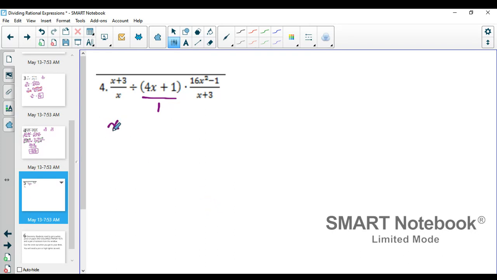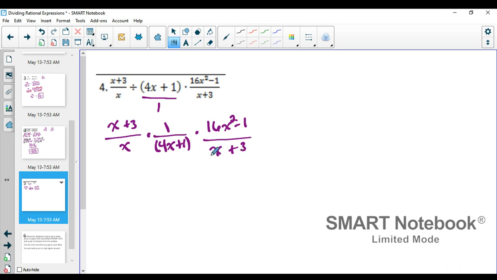So we have x plus 3 over x, change the division to multiplication, and then flip this over. So then we have 1 over 4x plus 1, and then just bring this down because you don't have to change anything there. You're just going to leave it 16x squared minus 1 over x plus 3.